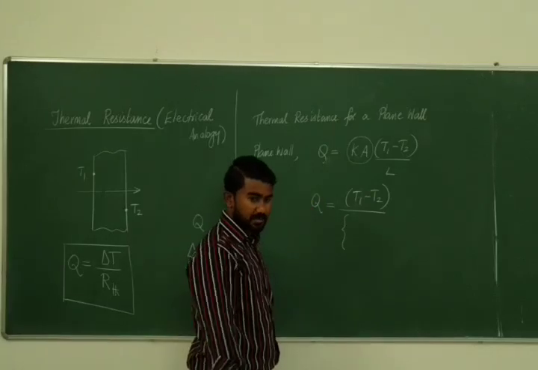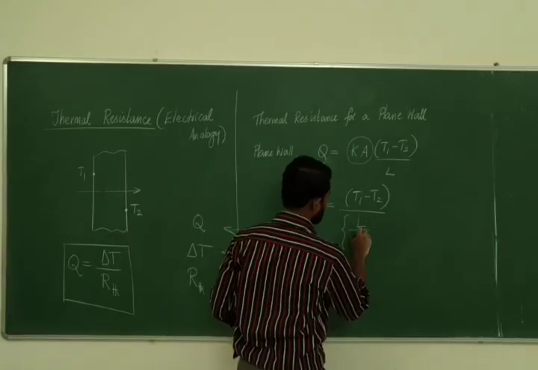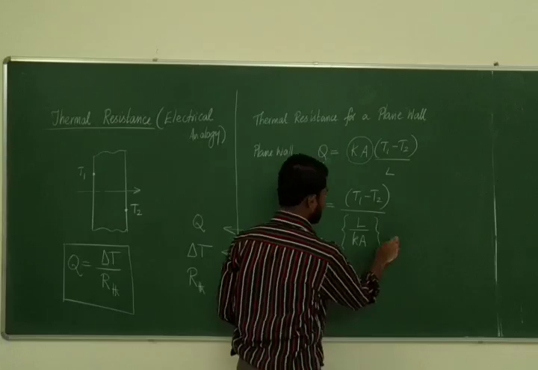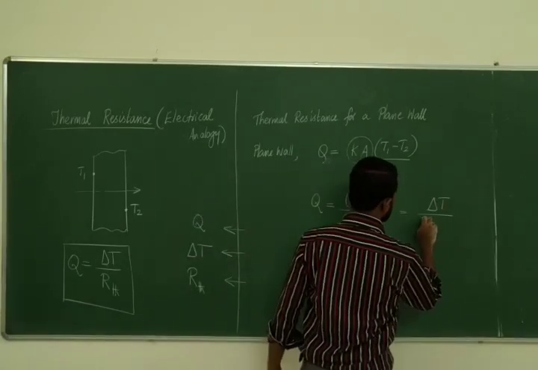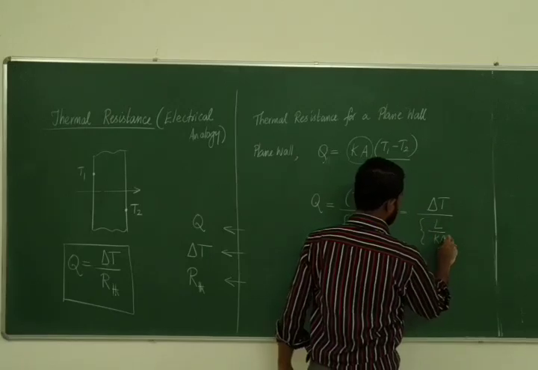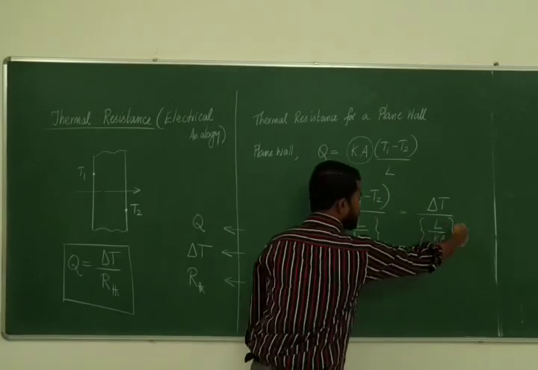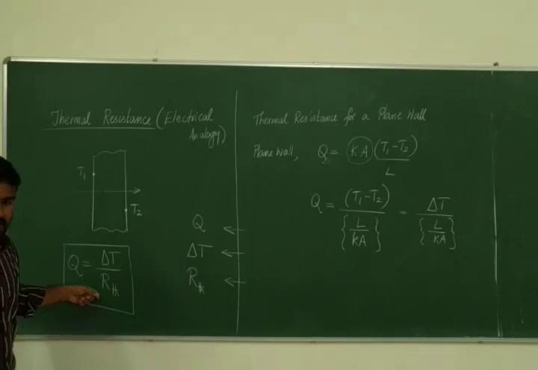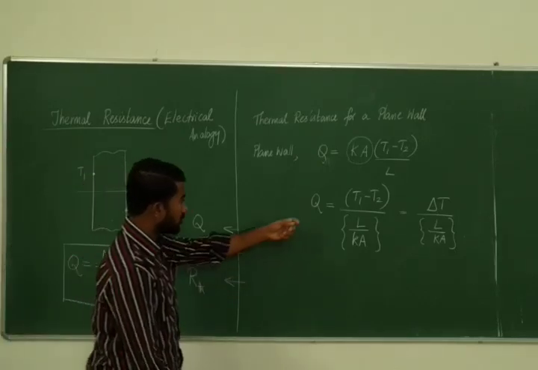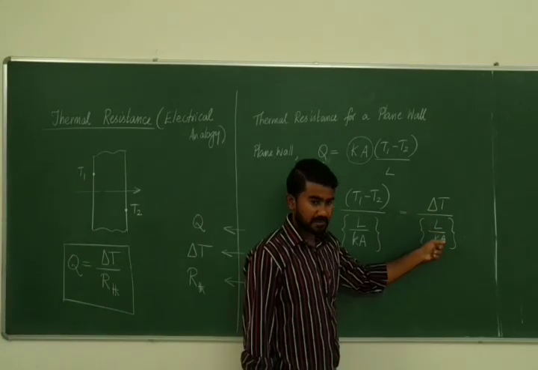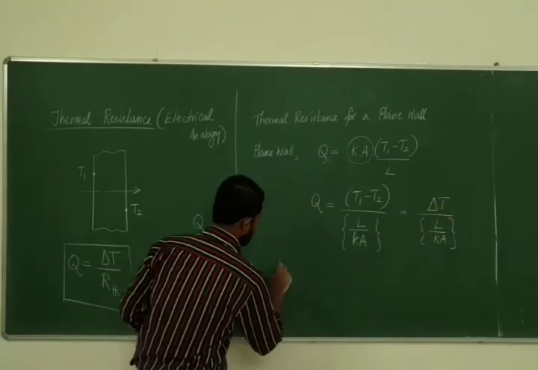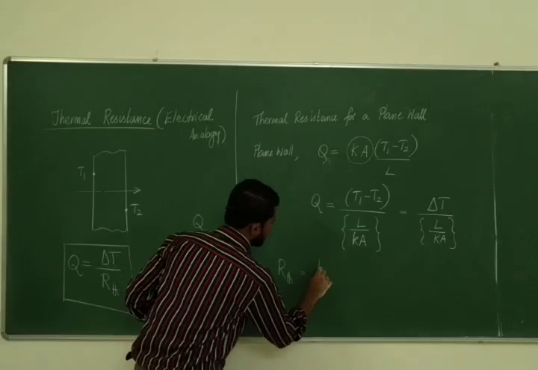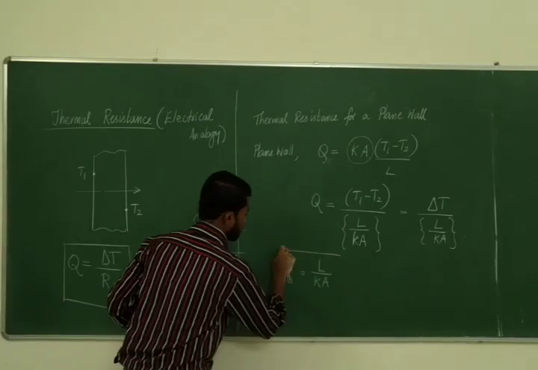All the other things you bring to the denominator. So what happens? L by kA. Now it is of the form delta T by L by kA. So what is L by kA? That has to be the thermal resistance, because you have put it in the form Q equal to delta T by R thermal. Everything below is going to be R thermal. So R thermal for a plane wall is L by kA.